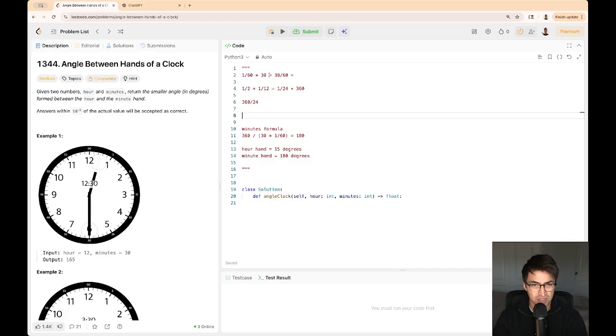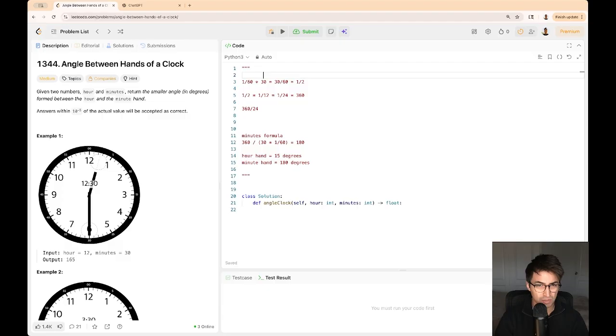So 1 divided by 60 times the amount of minutes is 1/2. And then 1/2 times 1 divided by the hour times the degrees. I'm sure that can be simplified. I'll put M for minutes right here. M.